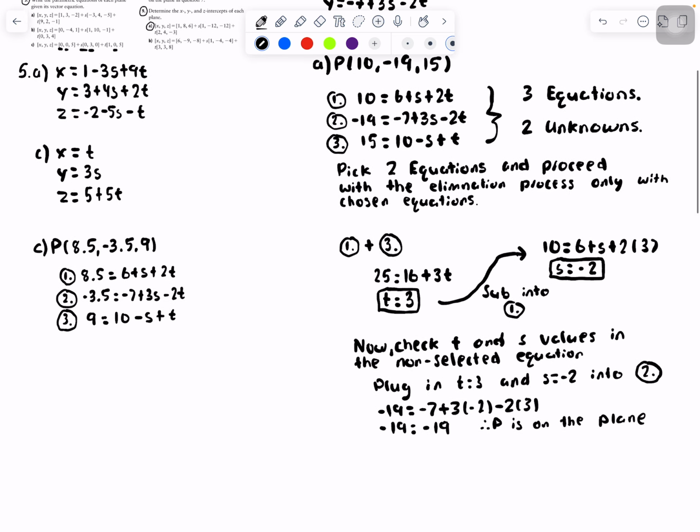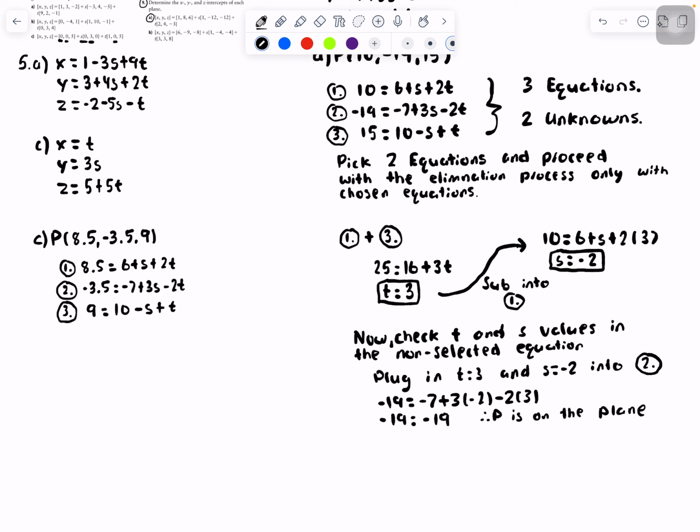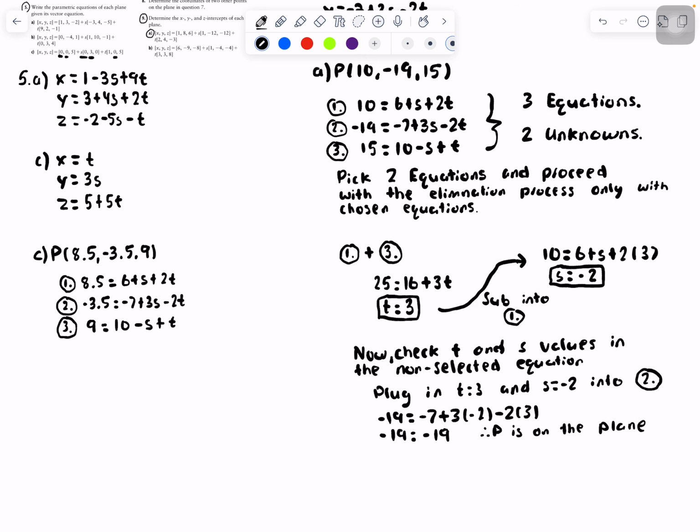How about this time, just to show you a different way to do it, I take equation 1 and multiply it by -3. This is a different way of eliminating s, and add it to 2.